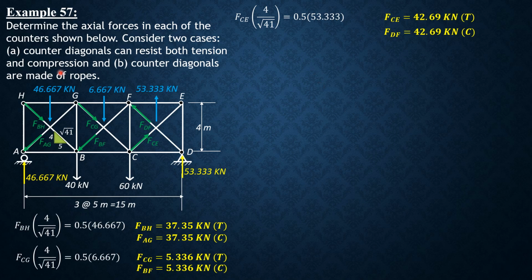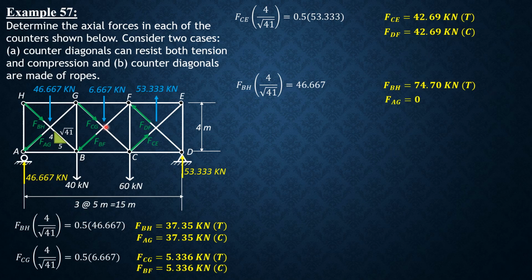Then by assumption B, counter diagonals are made of ropes, so all these compression members must be 0. So the vertical component of FBH is equated to the panel shear because it is the only active tension diagonal which will resist this panel shear. So it is now 74.7 kilonewtons tension, while FAG is 0 automatically.